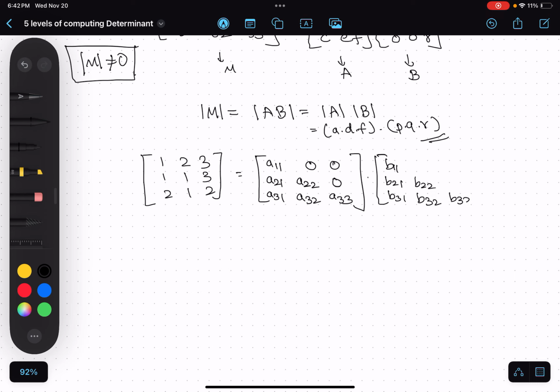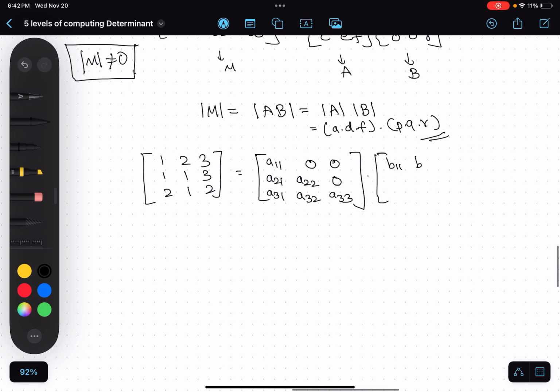Oh no, one of them is lower triangular, the other is upper triangular. I'm sorry, I made both of them lower triangular. So B11, B12, B13, B22, B23, B33.